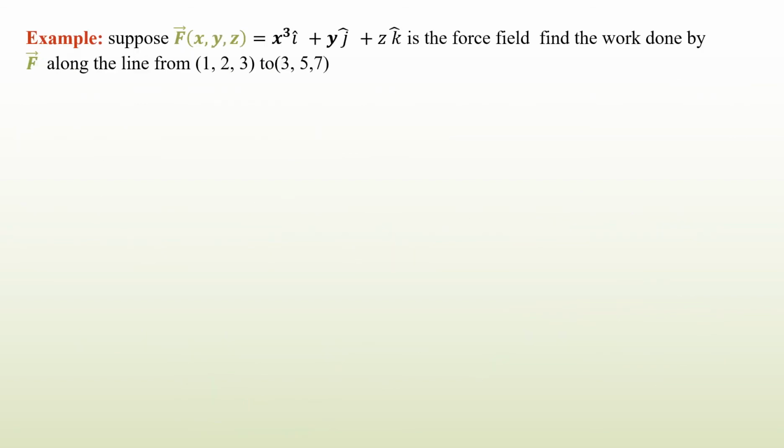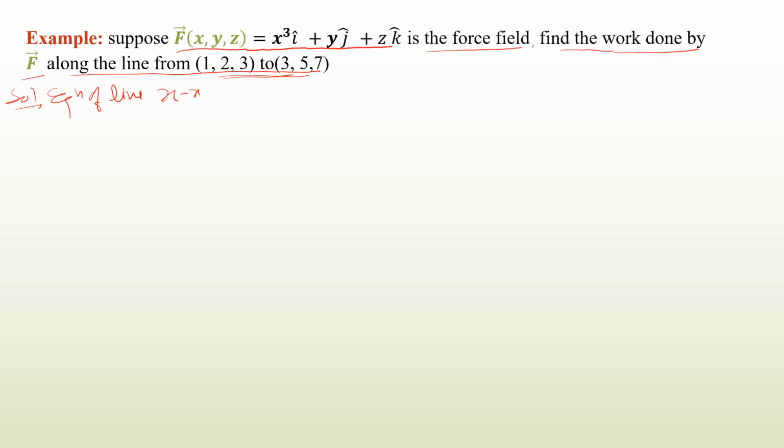Now take an example. Suppose we have a force field F equal to x cube i plus y j plus z k, and we have to find the work done by the force F along the line which is passing through that point. So first we have to write the equation of the line in 3D which is passing through these points.